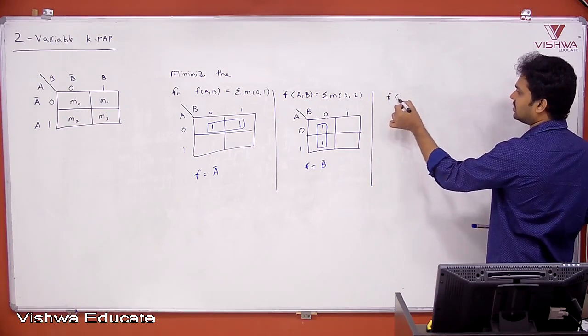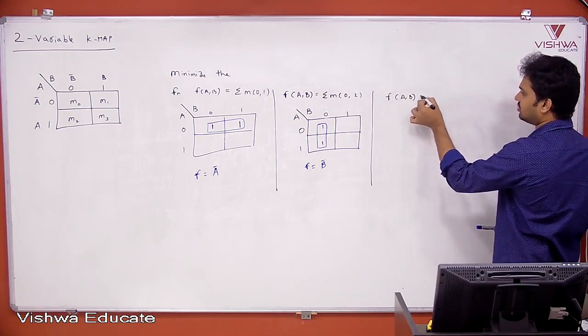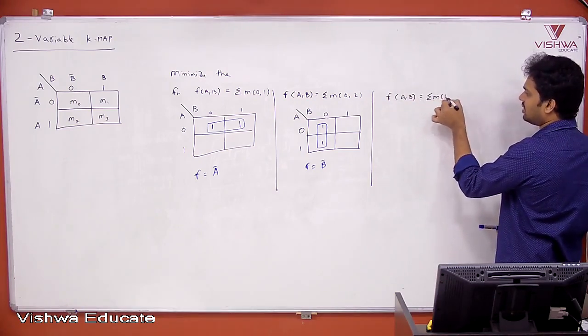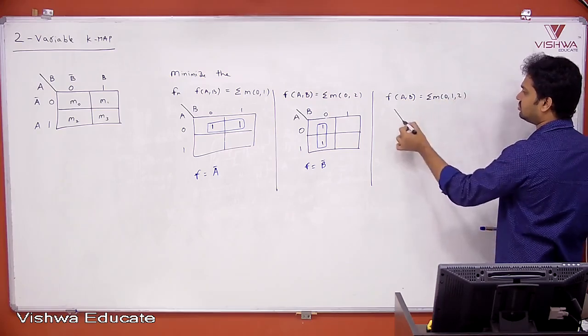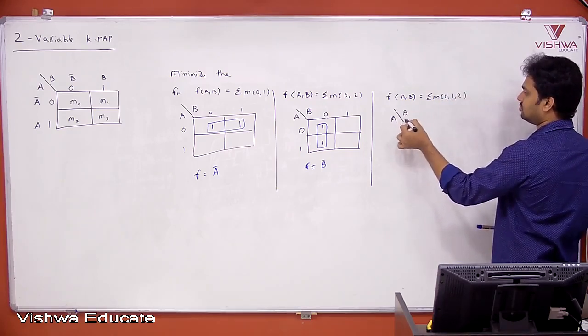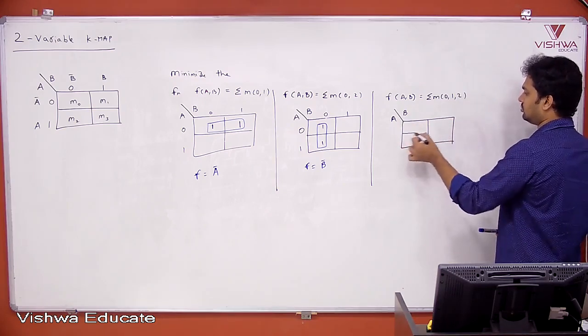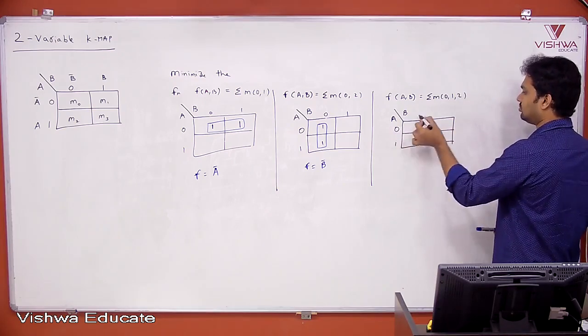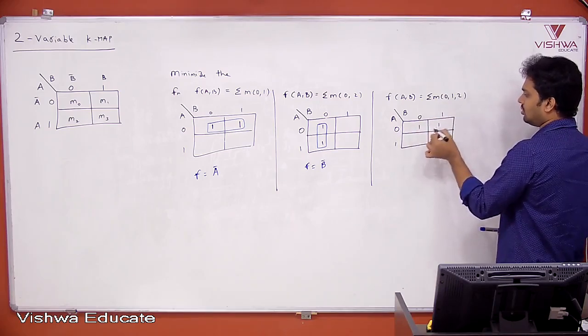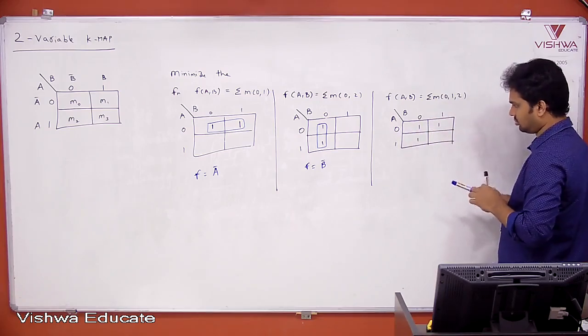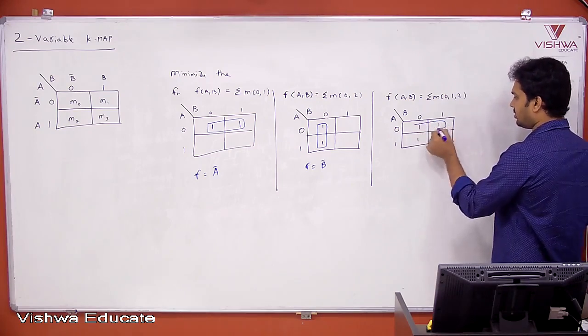Another, let us take f of AB equal to sum of the minterms 0, 1, 2. So 0, 1, 2. A pair.